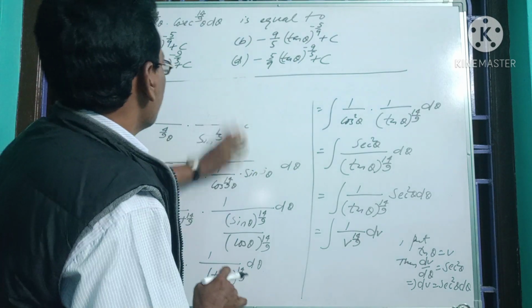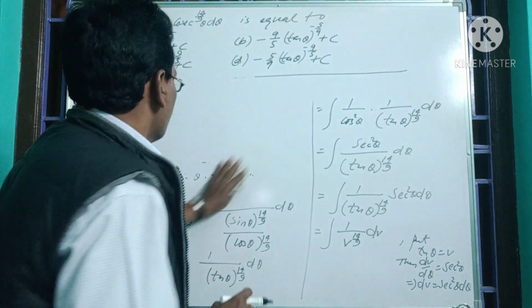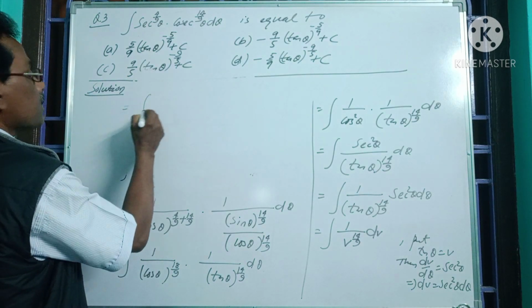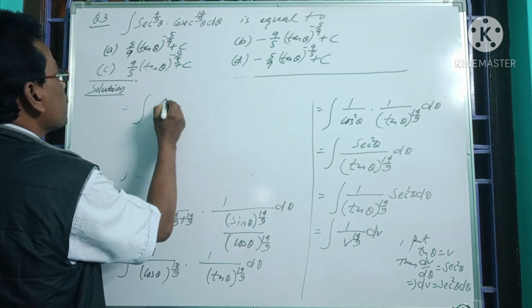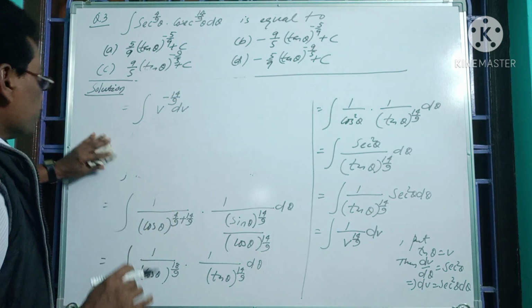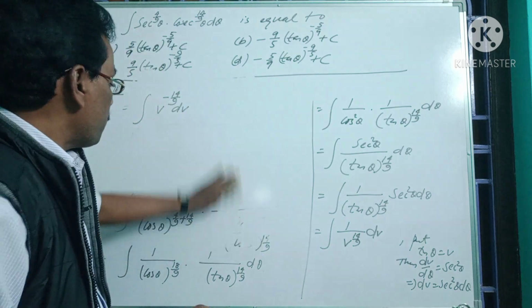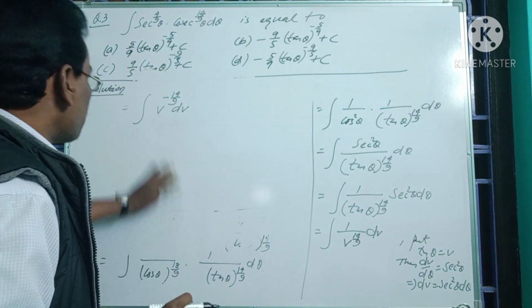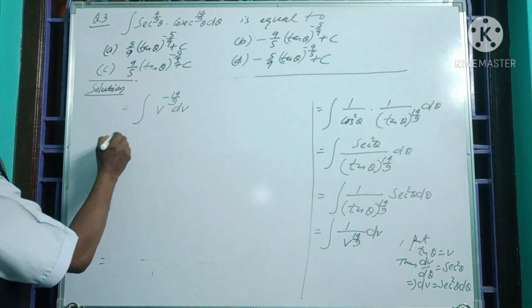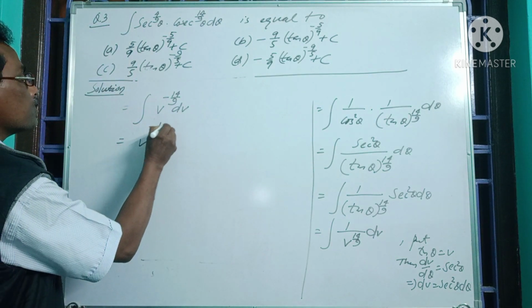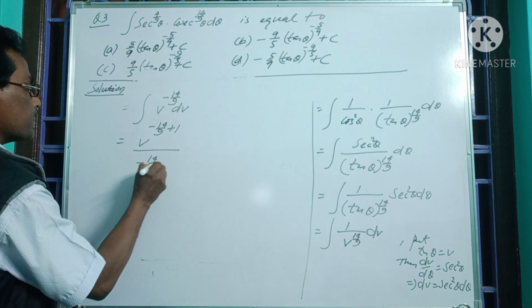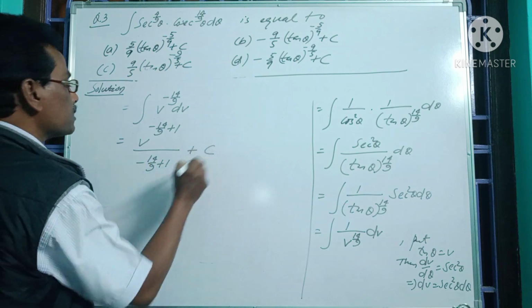So before integration we have the integration of v to the power minus 14 by 9 with respect to v. Now the integrand is in the form of a power function, that is x to the power n, so it is integrable. Integrating, we have v to the power minus 14 by 9 plus 1 by minus 14 by 9 plus 1 plus c, the constant of integration.